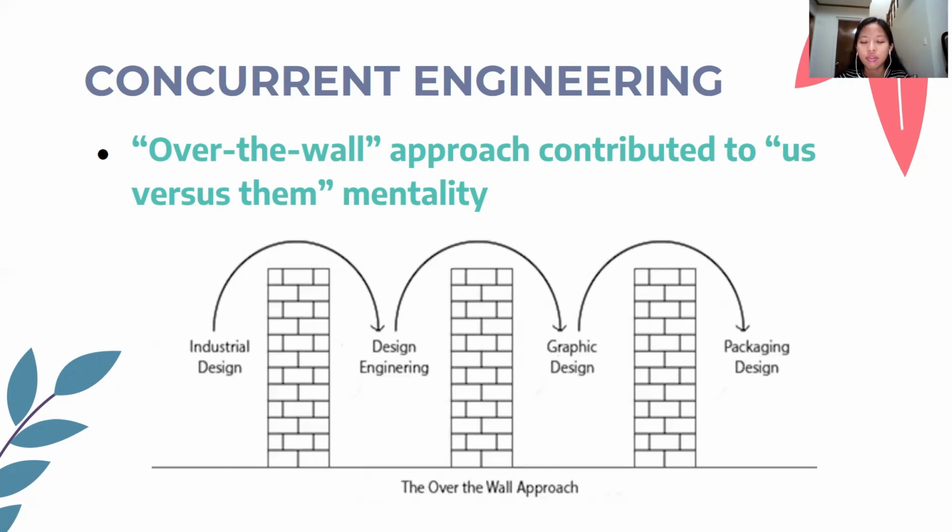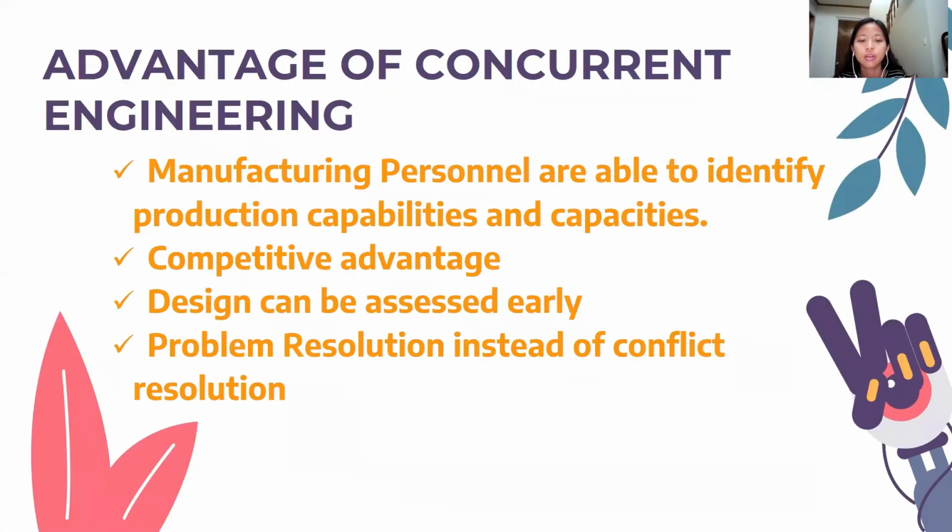So here are now the advantages of concurrent engineering. The first advantage of concurrent engineering is that manufacturing personnel are able to identify production capabilities and capacities. So when the manufacturing personnel are knowledgeable of the production capabilities and capacities, there will be fewer conflicts in the business.